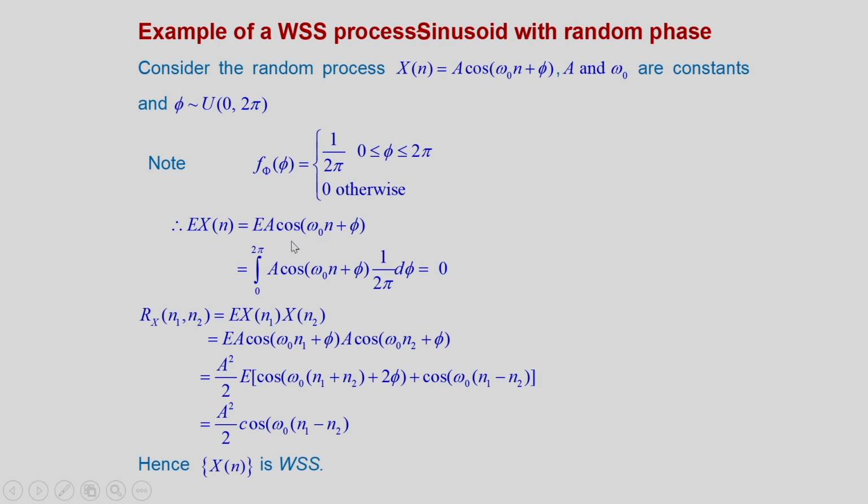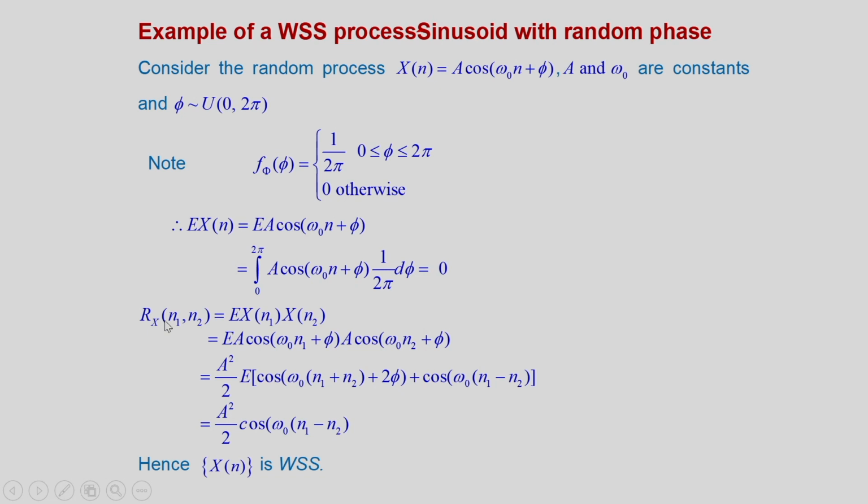Therefore, we can find the expectation of this function of the random variable, where the range of the random variable is 0 to 2 pi. Therefore, this is the integration from 0 to 2 pi of A cos(omega naught n plus phi) into 1 by 2 pi d phi. This is a cosine function over a period, therefore the integration will be equal to 0. So, what we see is that the mean is constant.